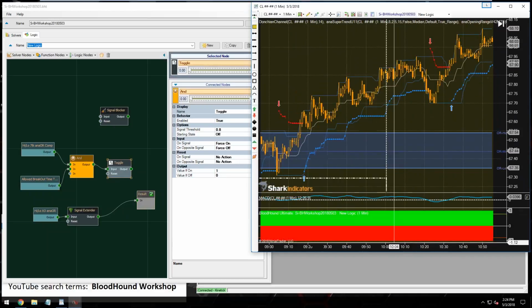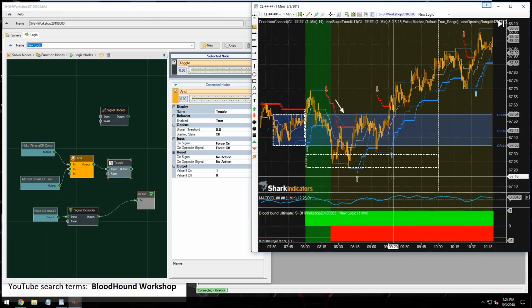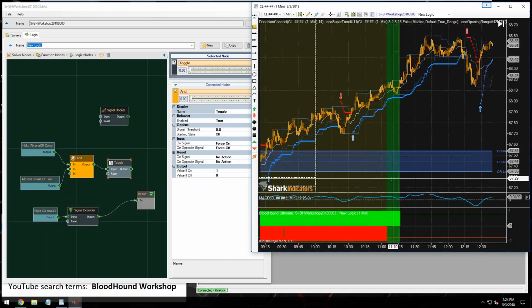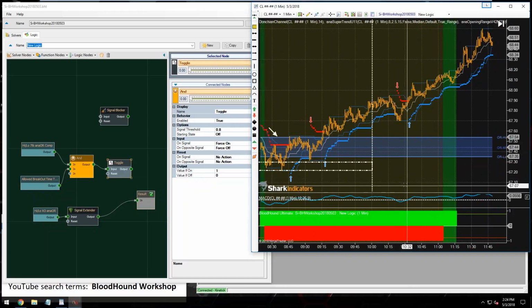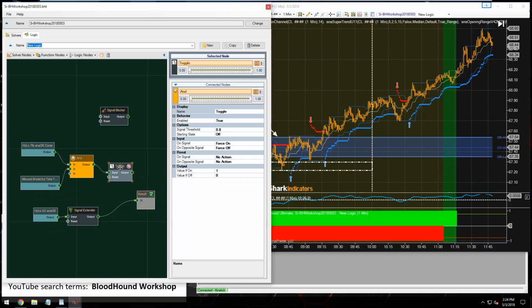So actually, interesting. Yeah, so I can see that actually the signal extender is going well past our 10 o'clock time, which is fine. That's just fine. We can keep disabling the toggle node well past 10 o'clock. That's fine.